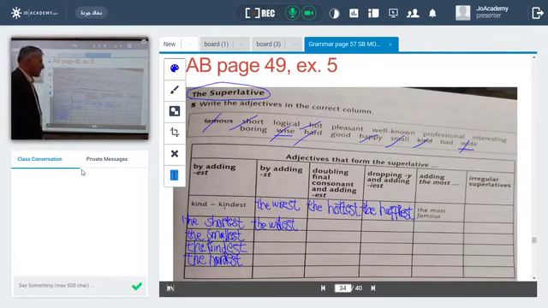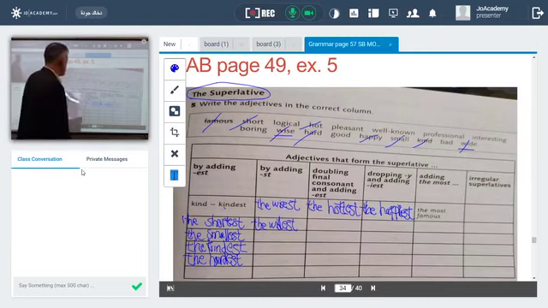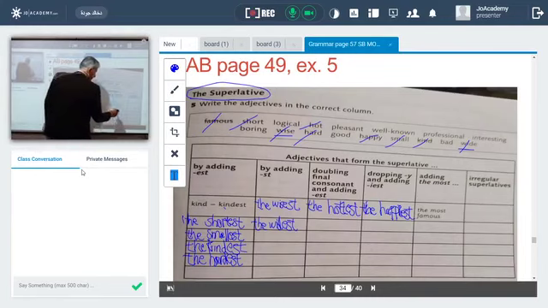Now let's go to the most. The most, we have so many. The most logical. Okay, the most logical. Take it out. Pleasant.